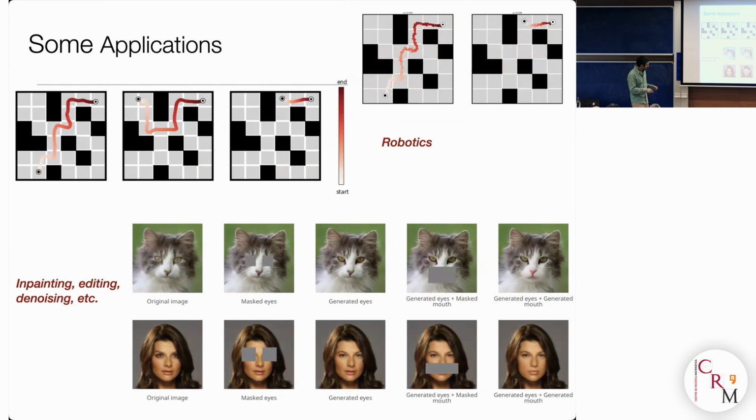And I understand that these results make me a little bit uneasy myself, I have to tell you. But here is something where what is done is that you take an image, either the cat or this face. And then you can mask certain parts that you choose and then unmask them.